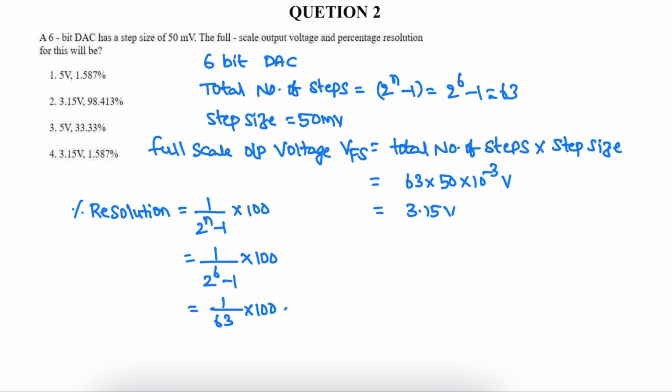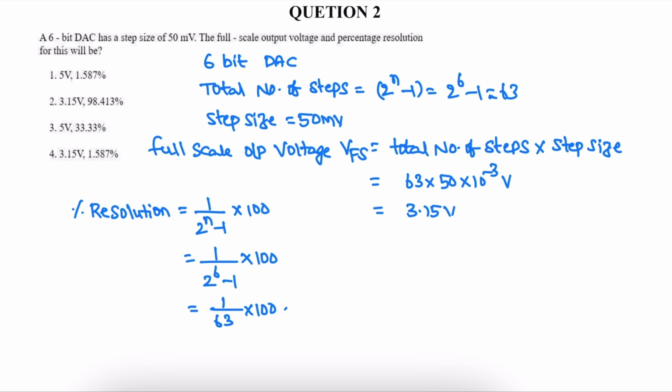This is A, B. Next, noise margin for metal oxide semiconductor logic is 1.5 volts, and integrated injection logic noise margin is 0.35 volts. D.